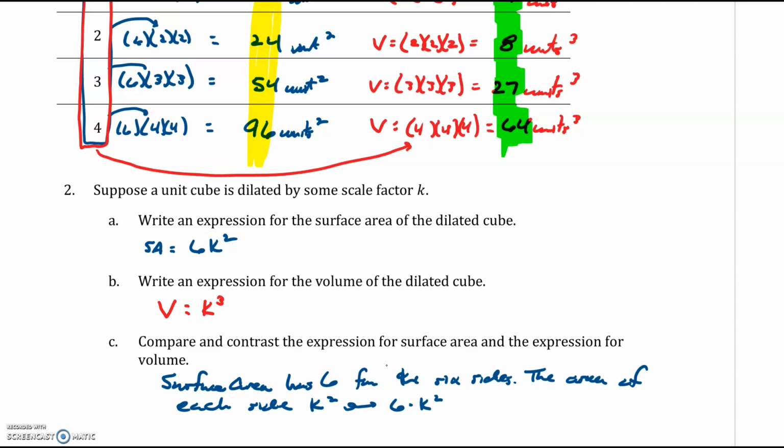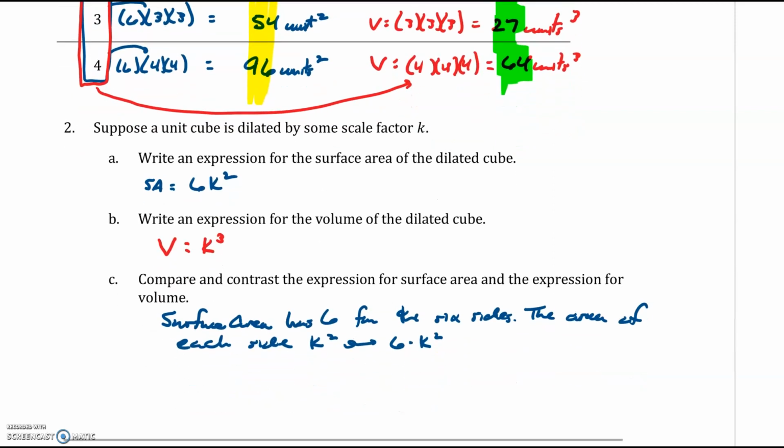Well, let's look at the volume. I notice the volume is just k cubed. Why is there no coefficient here for the k cubed? Well, there actually is. The original volume is 1.